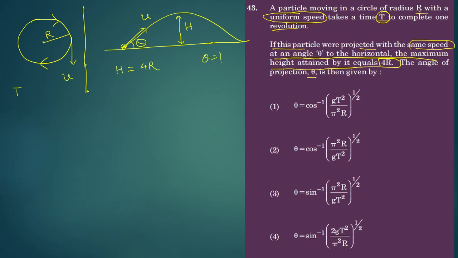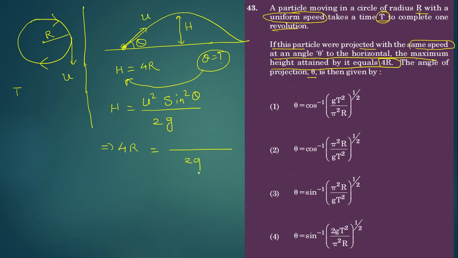First of all, when we want to attempt this question, what are we supposed to find? We are supposed to find theta, right? Then what is given? Height is given, right? Therefore, I will simply write down the formula for the height, which is equal to u square multiplied by sine square theta divided by 2g. Then what is height? Height is equal to 4 times r.